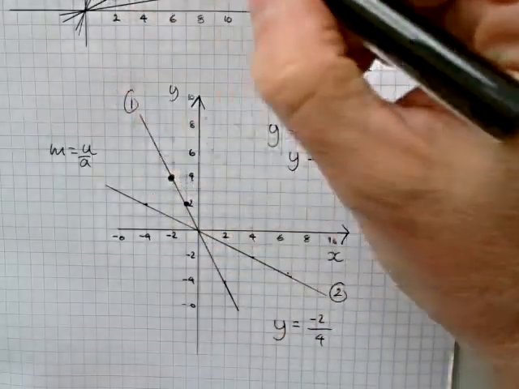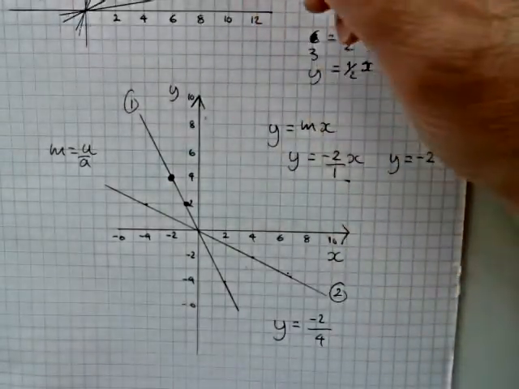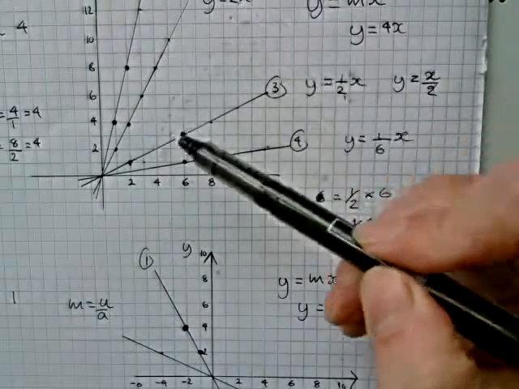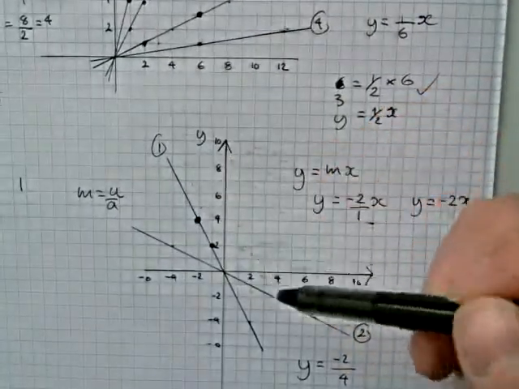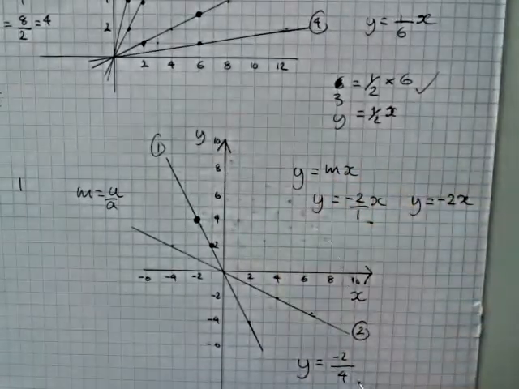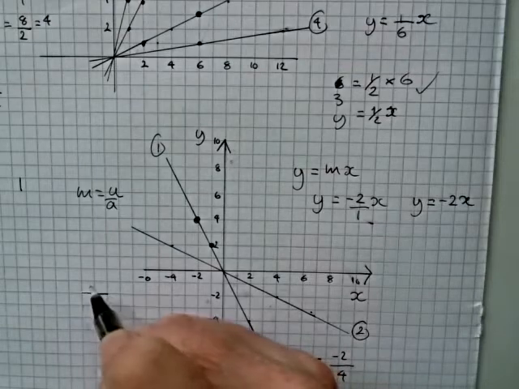I know I've used the word up previously. Really, we're measuring whether we're going up or down. These were all ups because we're going up from left to right. These will all be downs as we're going down from left to right, so they'll have negatives. So just so you're absolutely sure, it's up over across.